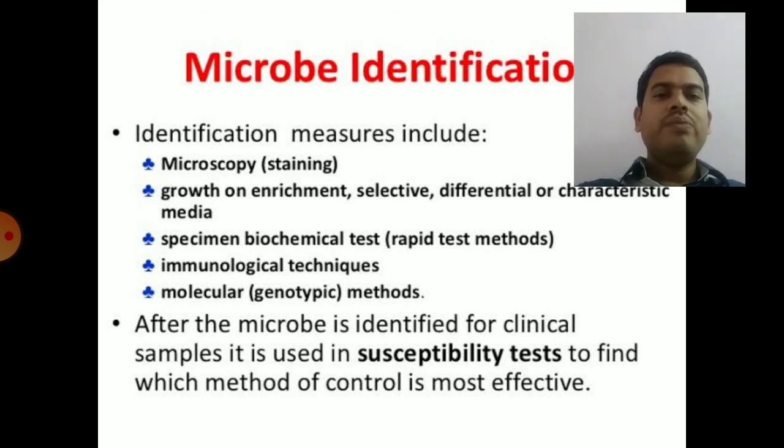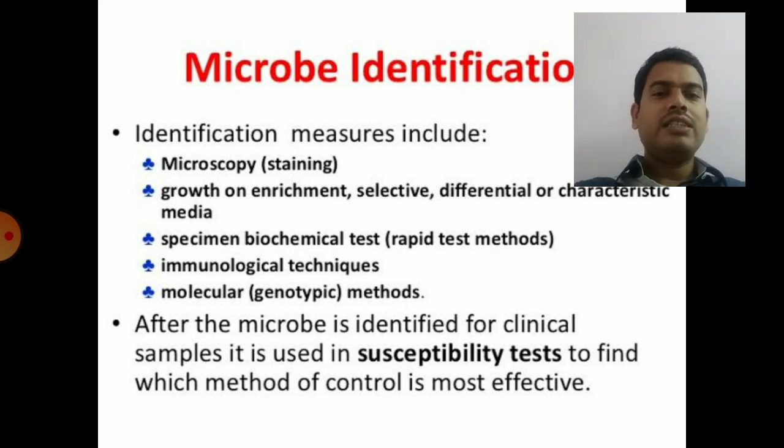Microbial identification can be done by microscopy, that is, after staining, and by growth of bacteria on enrichment, selective, or differential medium, or by performing specific biochemical tests. Each bacterium gives a specific biochemical test result, so you can identify these bacterial species with biochemical tests also.